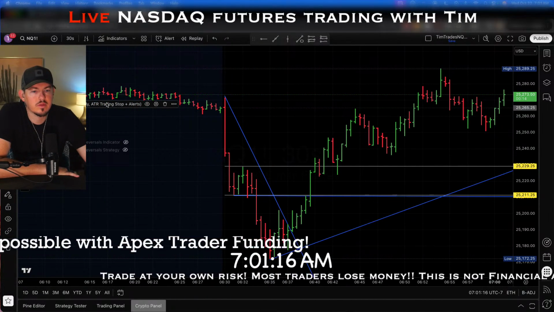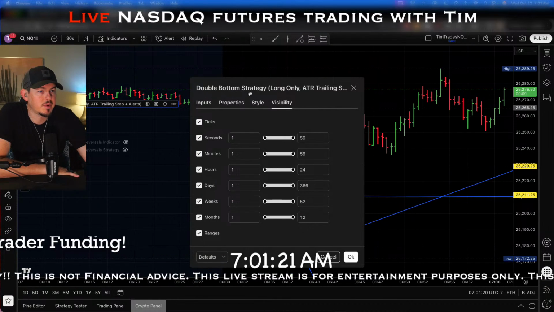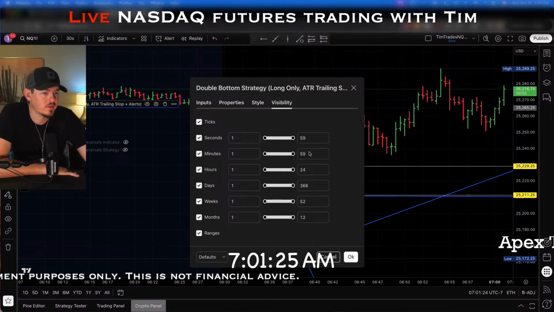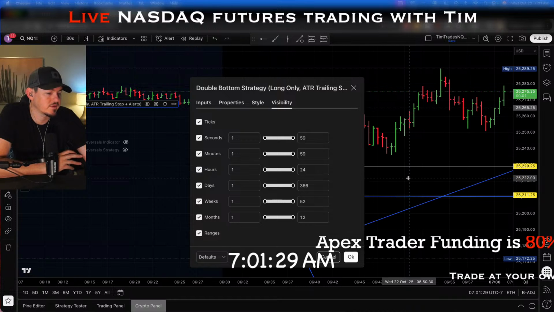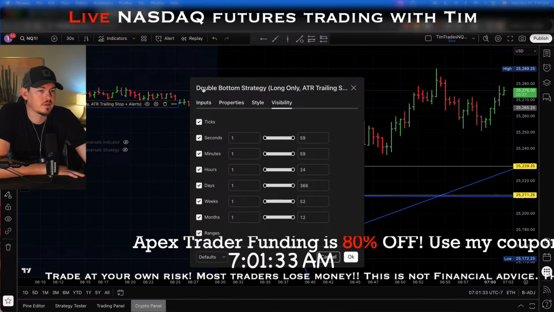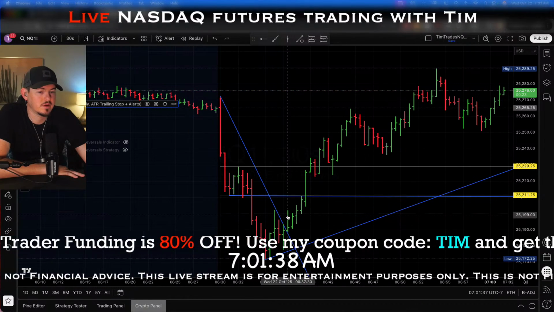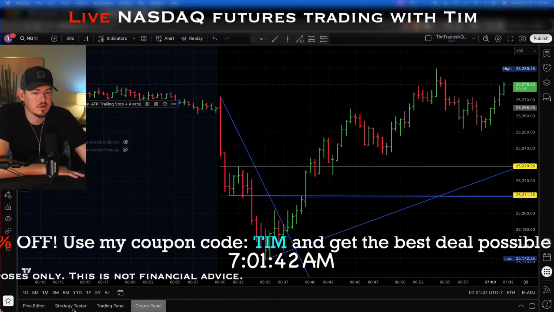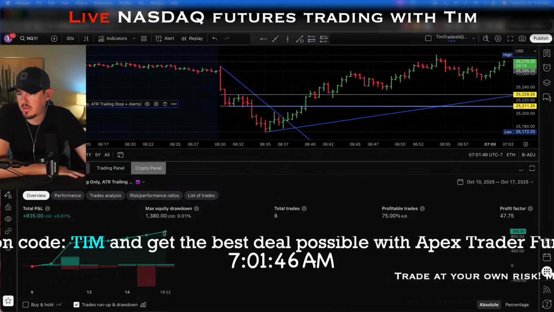So there's this double bottom strategy, long only. A lot of people say when there's a double bottom, it's like a resistance, and so it's going to be like a sign of a reversal. Well, I took the double bottom indicator, put it into Grok and had it switch it to a strategy. And this is that strategy.